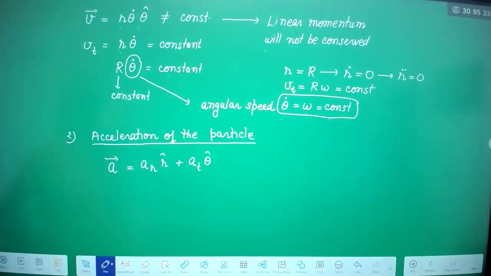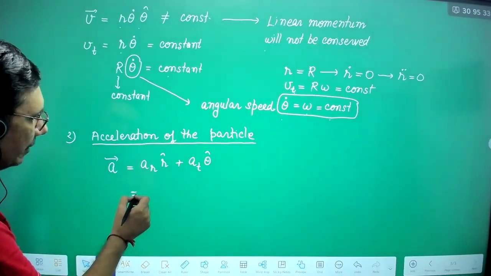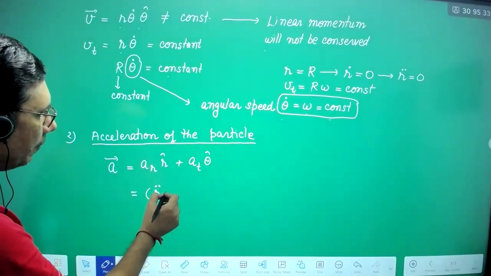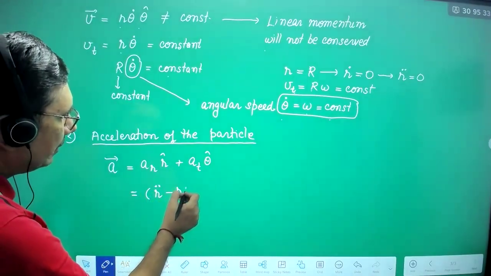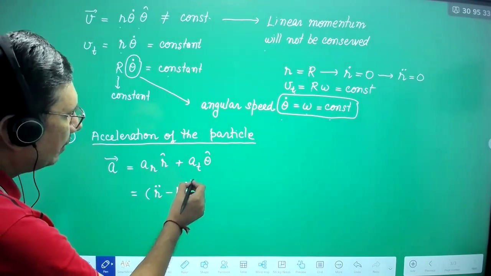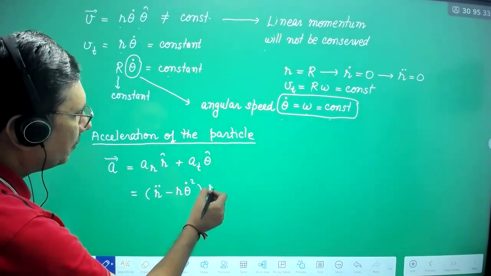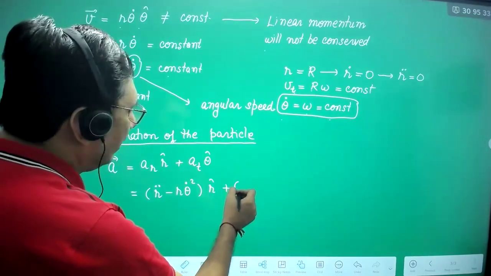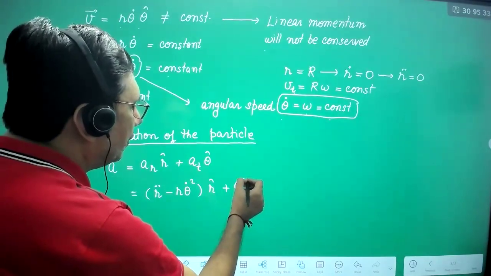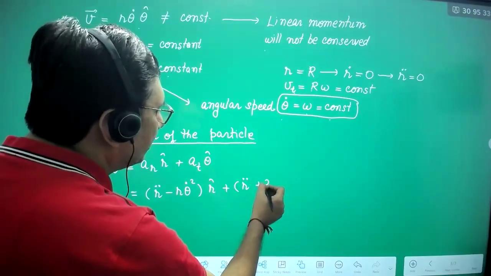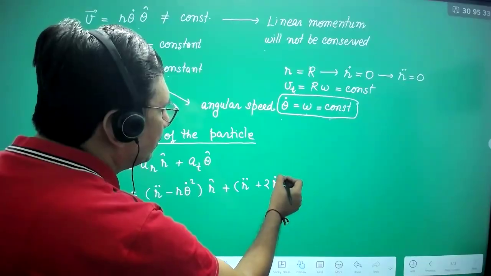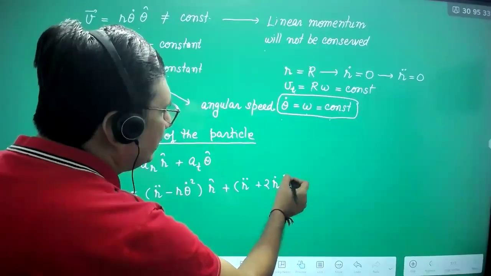AR is R double dot minus R theta dot square, and this will be r cap. Plus, this will be R theta double dot plus 2 times R dot theta dot, and this will be theta cap.